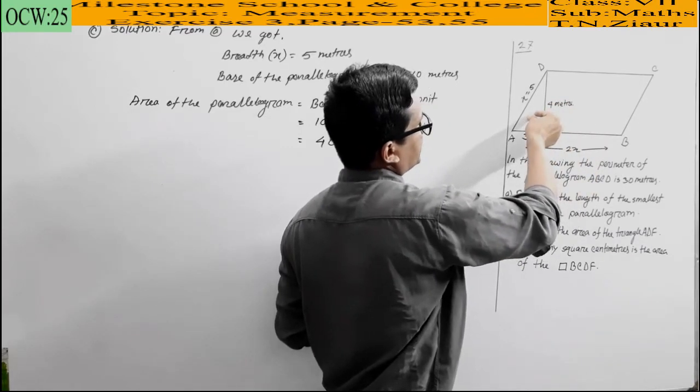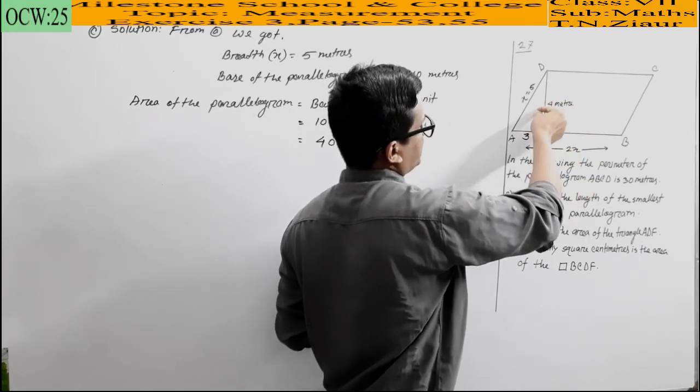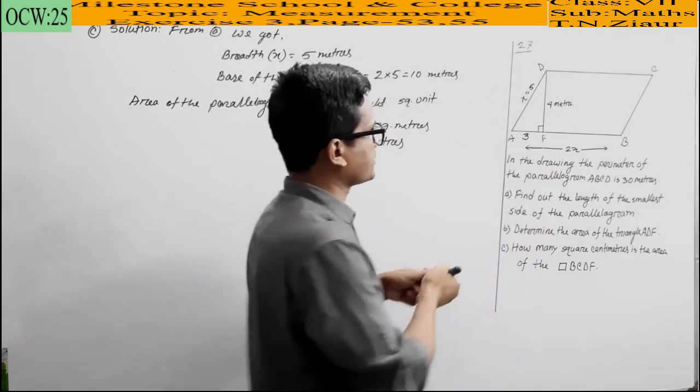Already in part B we got this area. That means the area of this one is what? 6.